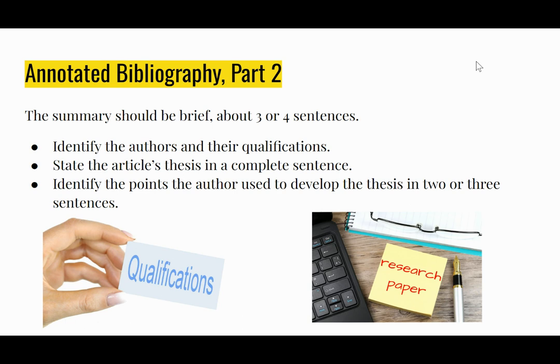We're identifying the points that they're using to develop the thesis, and we're just going to do that in brief fashion, 2 or 3 sentences about the points they're making and how they're developing their thesis. 1 sentence saying this is the author's thesis, 1 sentence identifying the authors and their qualifications. As I said, 3 or 4 sentences total.